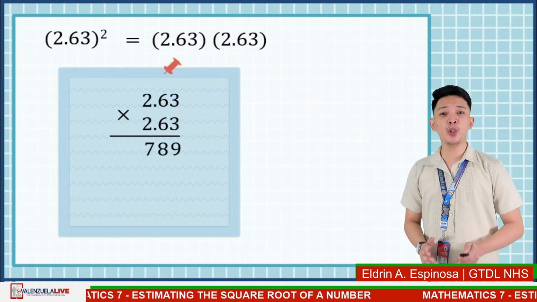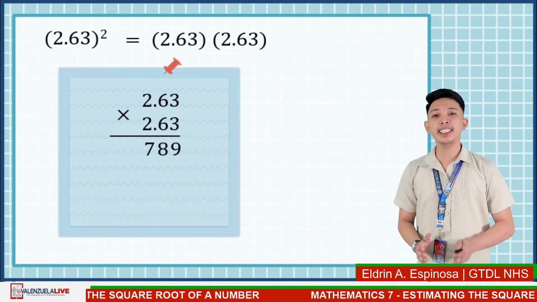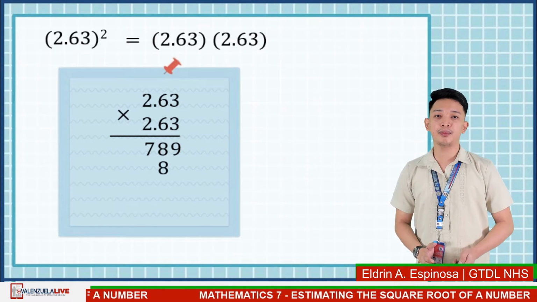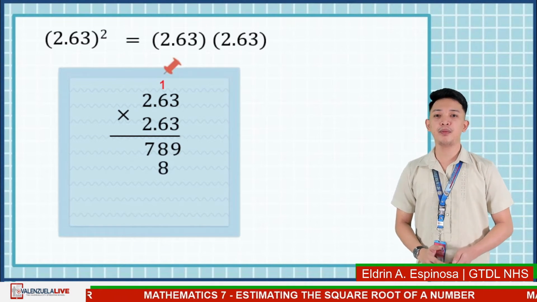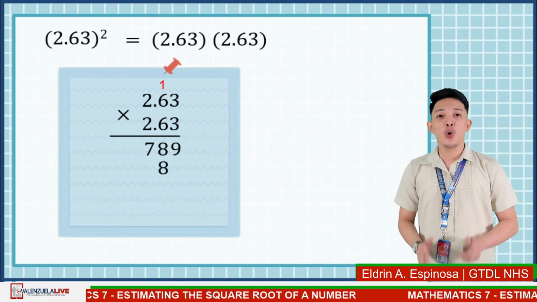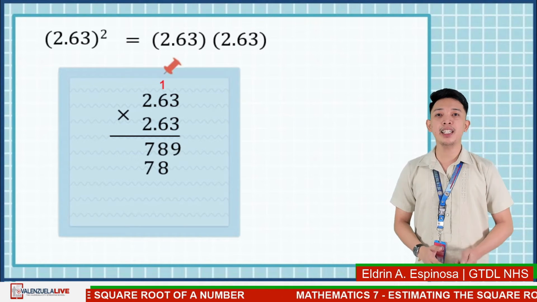Next, we're going to multiply 6 by 263. 6 times 3 is 18. Bring down 8, then carry 1. Then 6 times 6 is 36, plus 1, we have 37. Bring down 7, then carry 3.